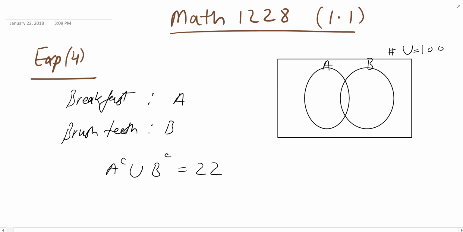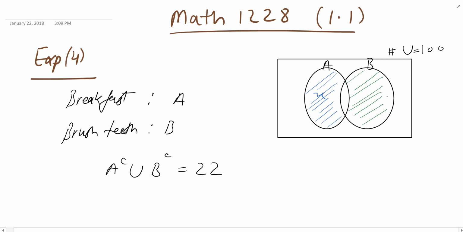Now let me call X, Y, Z the values as they are naming them. The students in only A, that means the students who are only having breakfast but didn't brush their teeth. That's that part. I'm gonna use green for that.